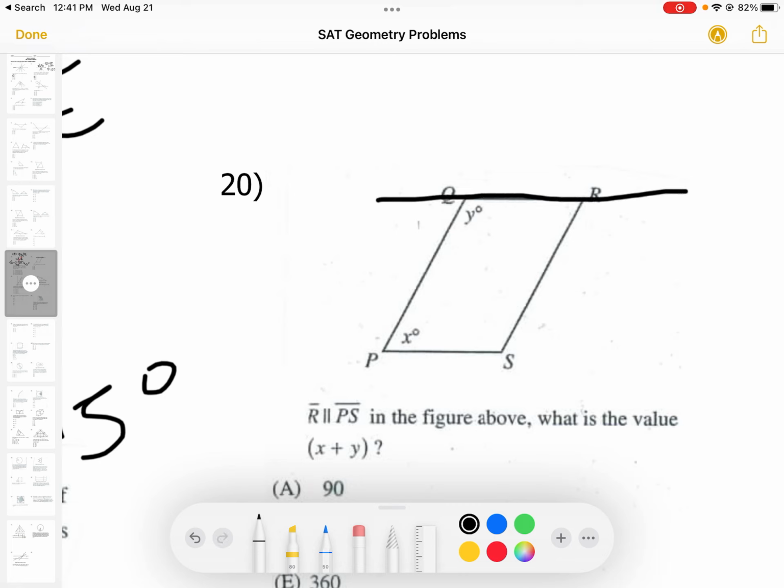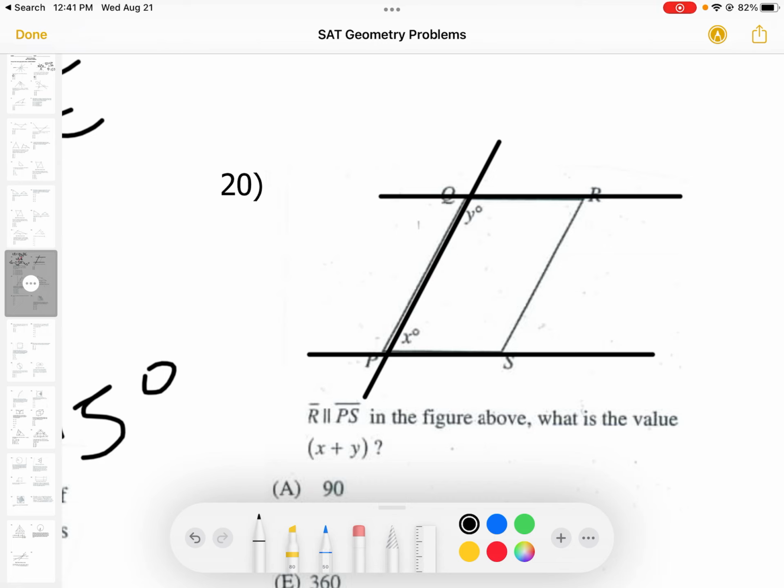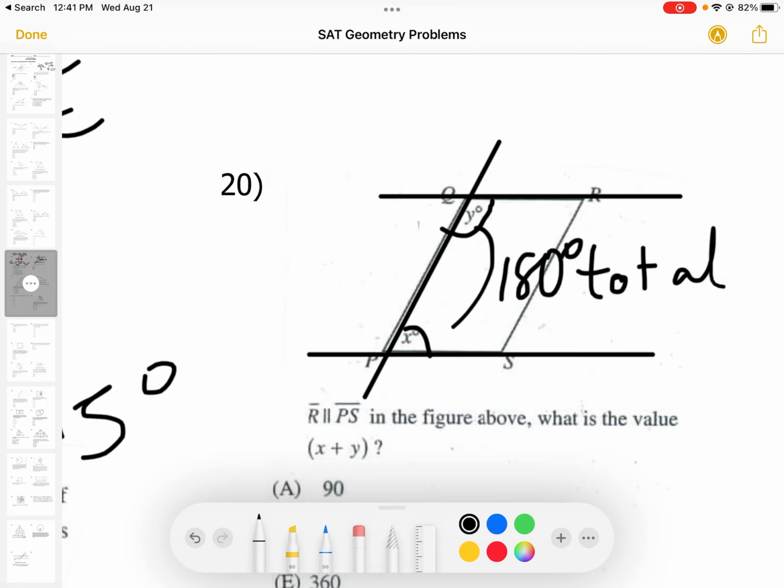Whenever we have two parallel lines and we have this transversal, our transversal here is QP, and we have two angles squeezed between them, their sum will always be 180, and that's true because of the same side interior angles postulate.